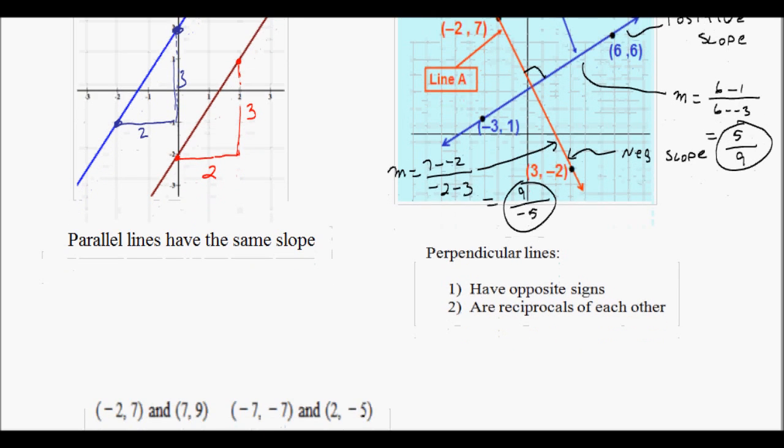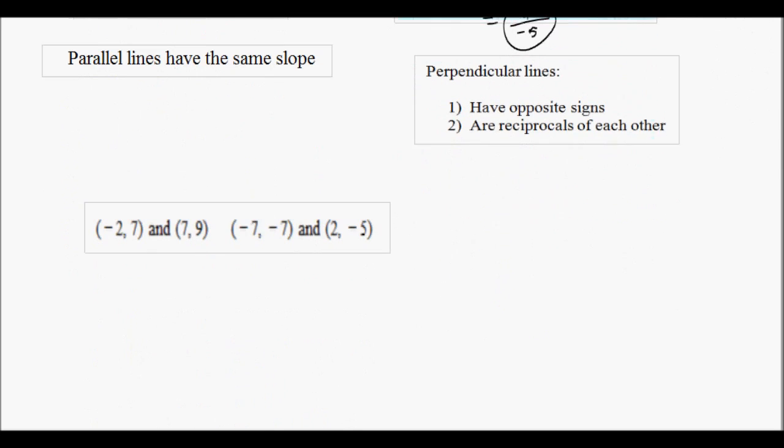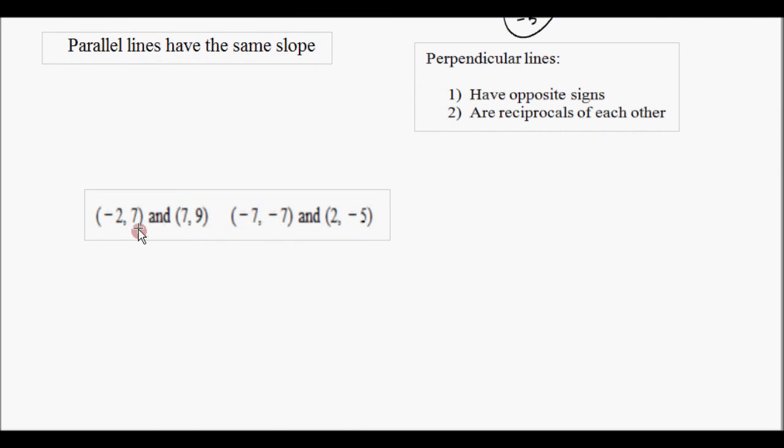All right, now let's go back to the original question then. Does the line made by these 2 points compare to the line made by these 2 points? Are they parallel, perpendicular, or neither? Well, let's calculate the slope. Remember, it doesn't matter which one of these is x1, y1. So we could let that be x1, y1 and this be x2, y2.